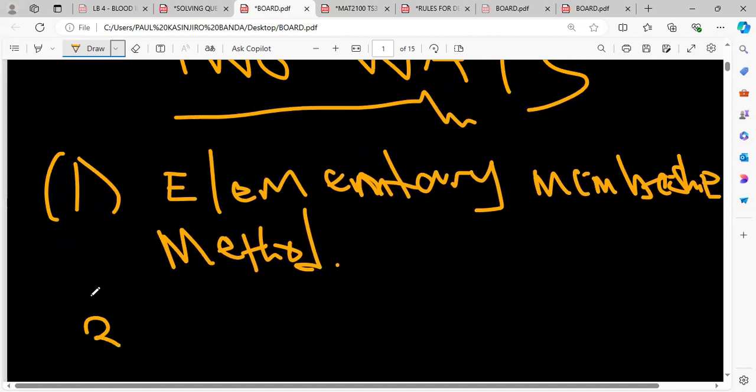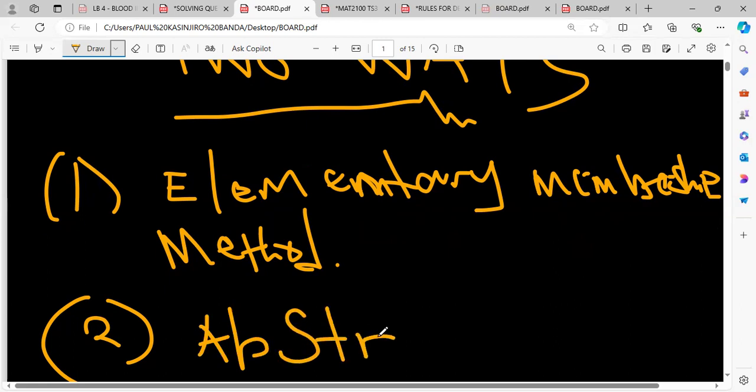And then the other one is what we call the abstract method. In this method, we assume that a certain element is a member of a certain set, and then we want to show that the same element is a member of the other set.